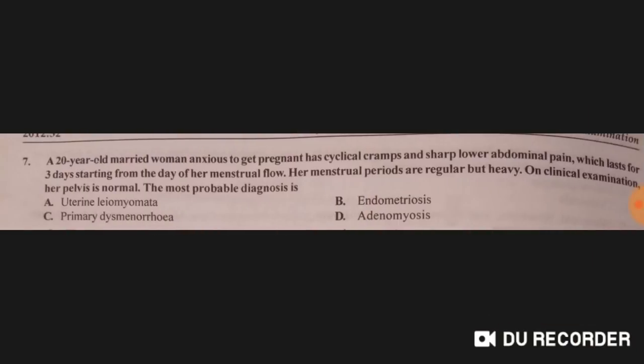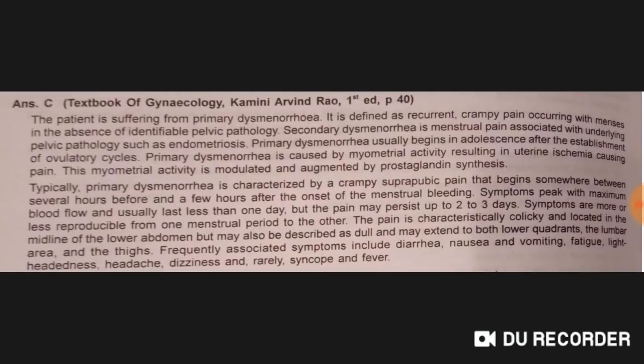Now, a 20-year-old married woman anxious to get pregnant has cyclical cramps and sharp lower abdominal pain which lasts for 3 days starting from the day of menstrual flow. The menstrual periods are regular but heavy. On examination, her pelvis is normal. The most probable diagnosis is primary dysmenorrhea. C option is right.